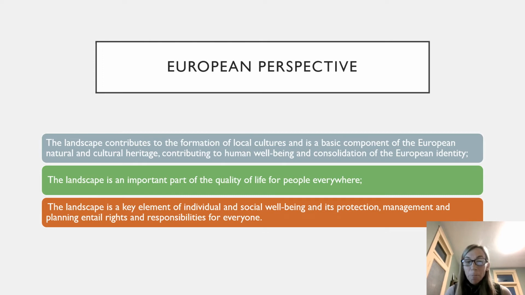Landscape is an important part of quality of life for people everywhere. A landscape is a key element of individual and social well-being, and its protection, management, and planning entail rights and responsibilities for everyone.